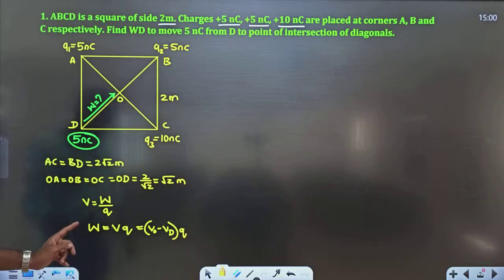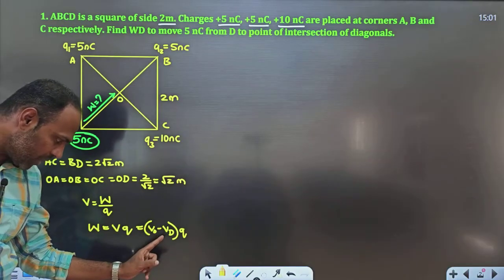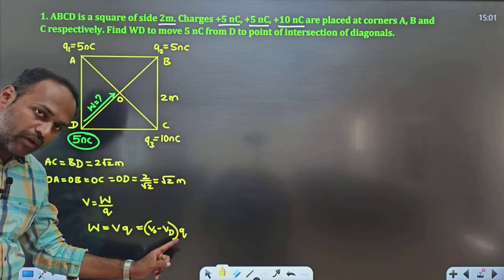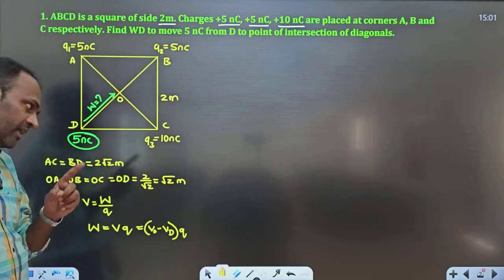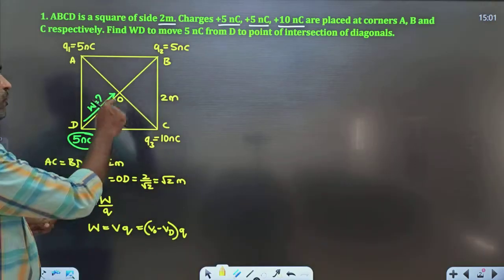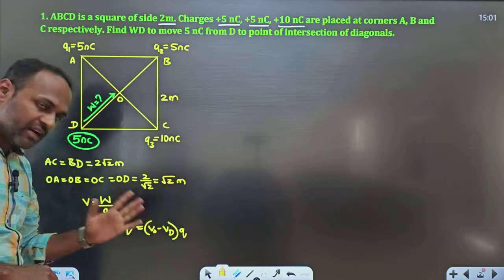So you should know the potential at point O, potential at point D and the charge which you are moving. The charge we move is 5 nanocoulomb. Now you have to find the potential at point O and potential at point D. Substitute that here, you will get the work done.